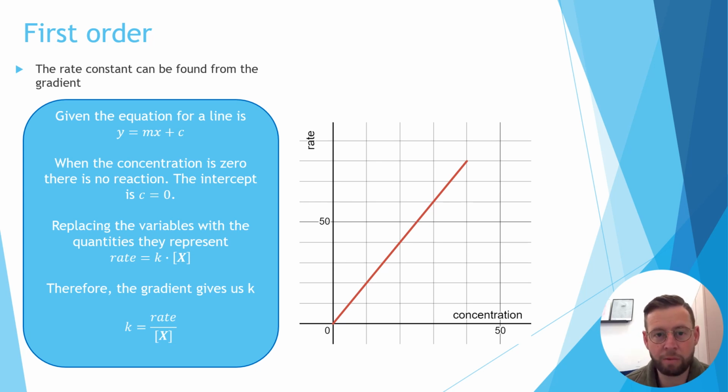Now if we look at what y and x represent, y represents the rate and x represents concentration, so what does the gradient m represent? Well, we know that rate is equal to the rate constant k times the concentration. Therefore, k, the rate constant, is going to be equal to the gradient of this graph.